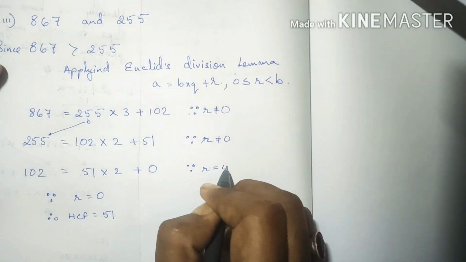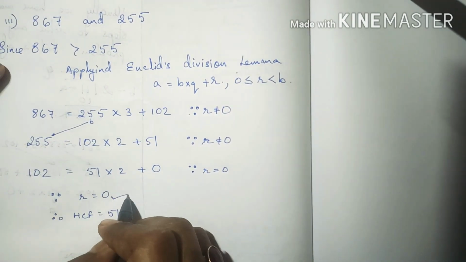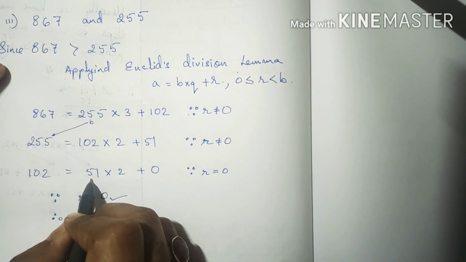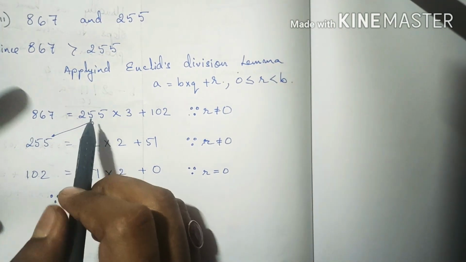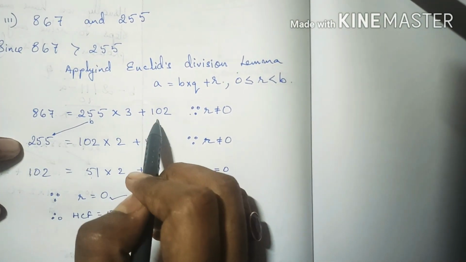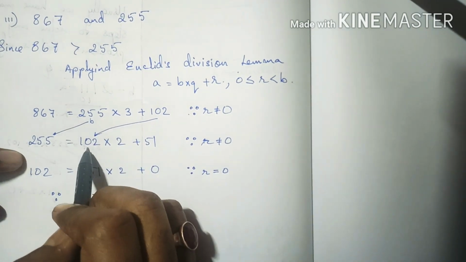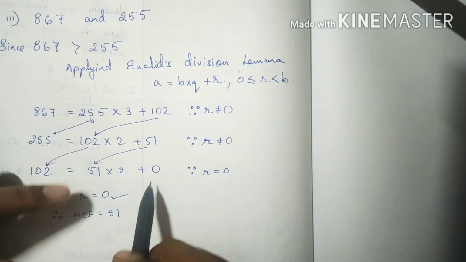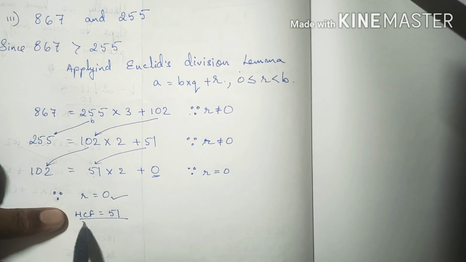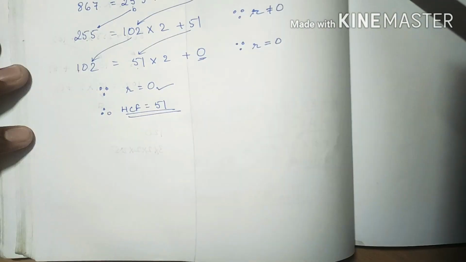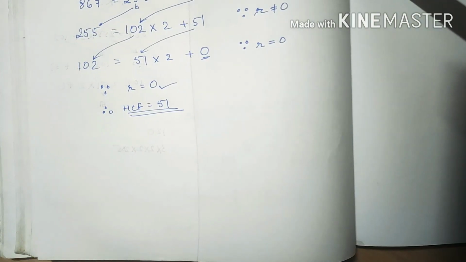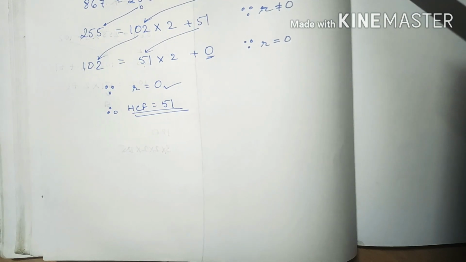We have to do this until we get R equal to 0, and when R is 0, the B will become the HCF. So this B will become A, and this R will become the next B. This R is 0, therefore the HCF is this B. I hope you understood the concept as well as the presentation style.